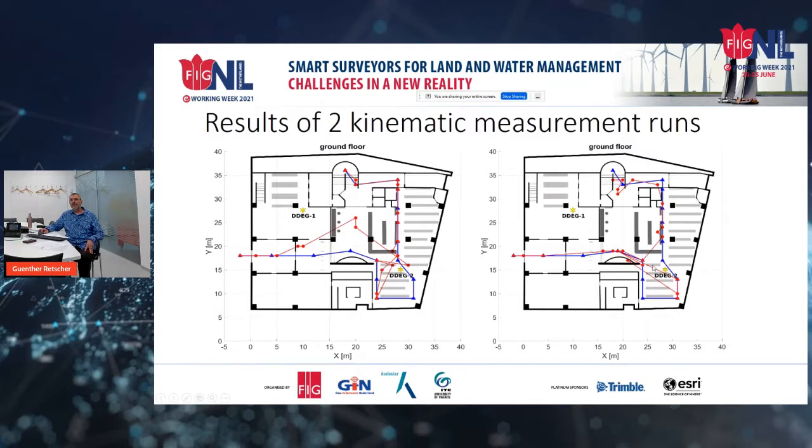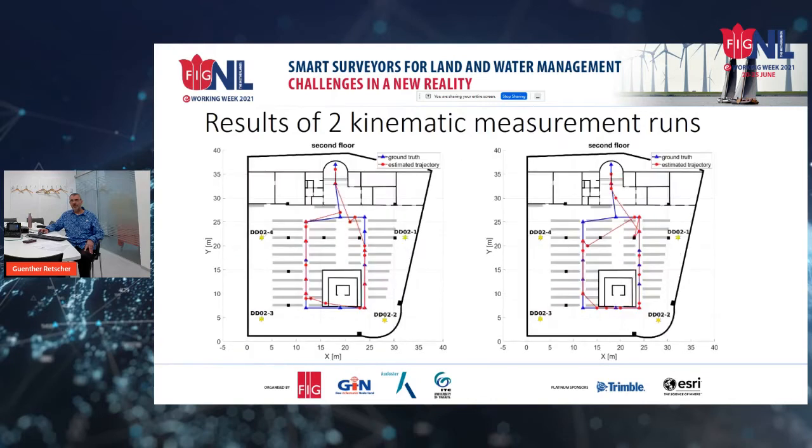And we would need additional access points to have a better geometry. Even on the second floor, where we have 4 access points, it would be better also to have additional access points of new hardware to get a better solution. But on the left, you can see a very nicely reconstructed trajectory of the user who walked around these bookshelves here.